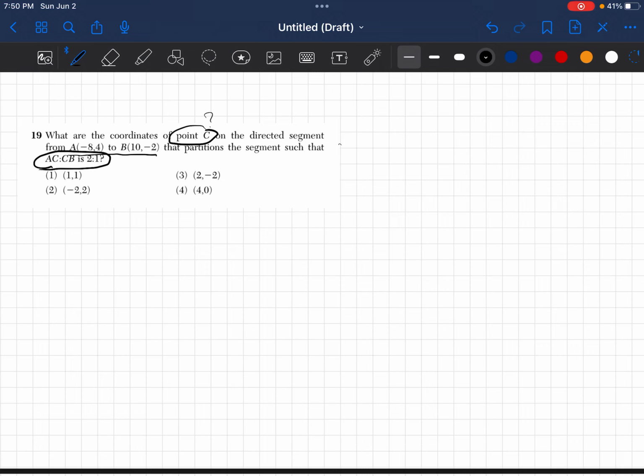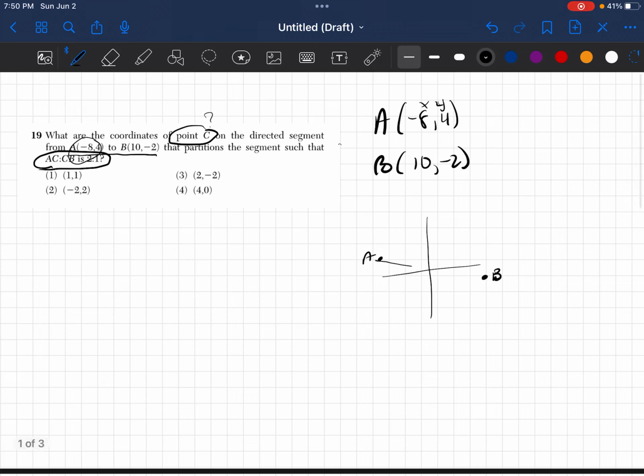So I see that A is negative 8, 4, x and y, and that B is 10, negative 2. So if I'm thinking about where on a coordinate plane these would be, A would be somewhere over here and B would be somewhere over here. So I know that this line is going to just generally go down.